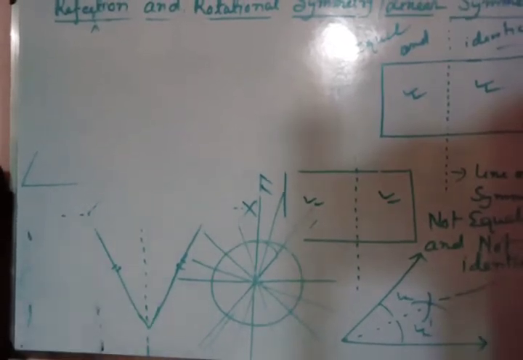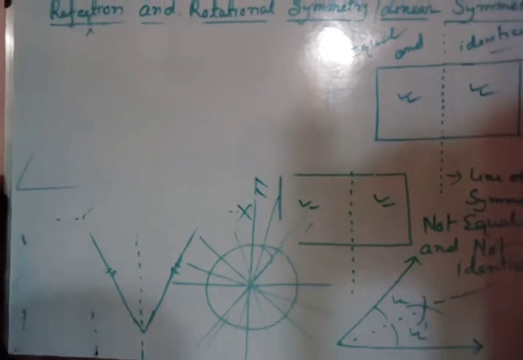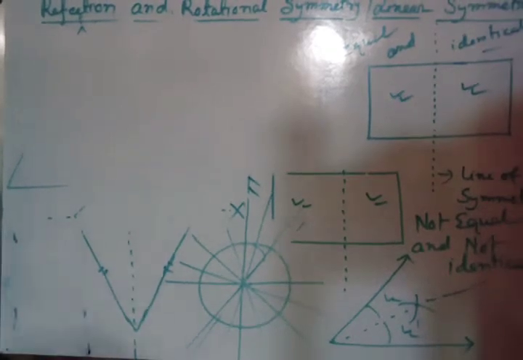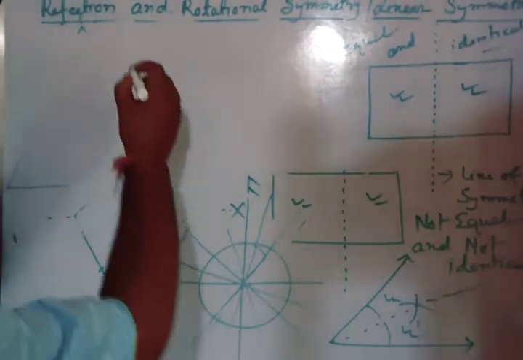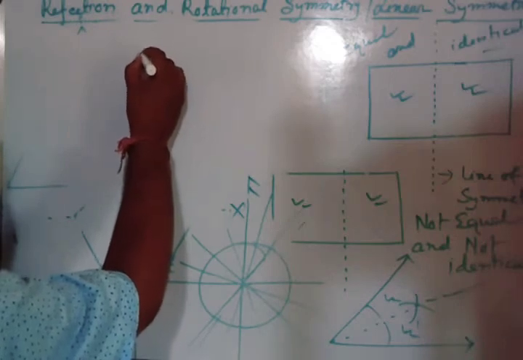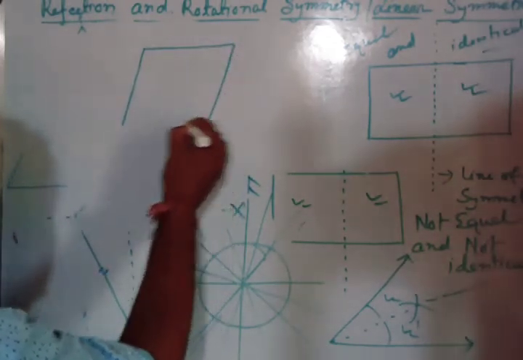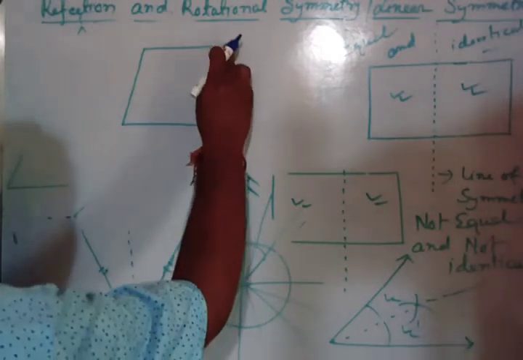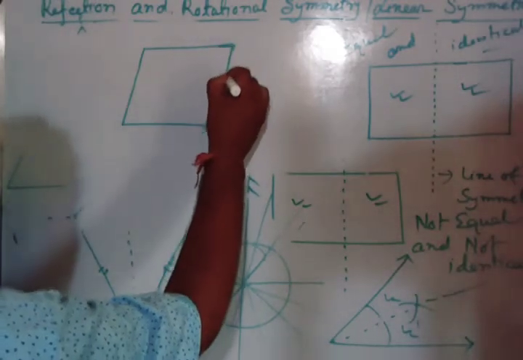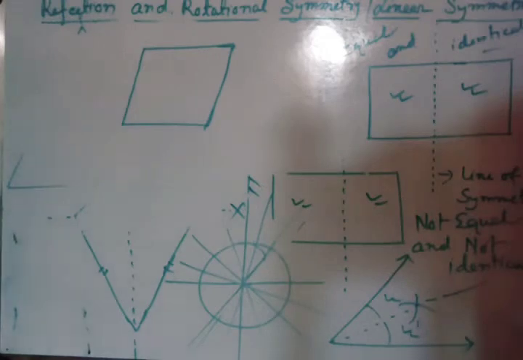So if we take one rhombus over here, okay, suppose this is one rhombus, this is one rhombus, okay.